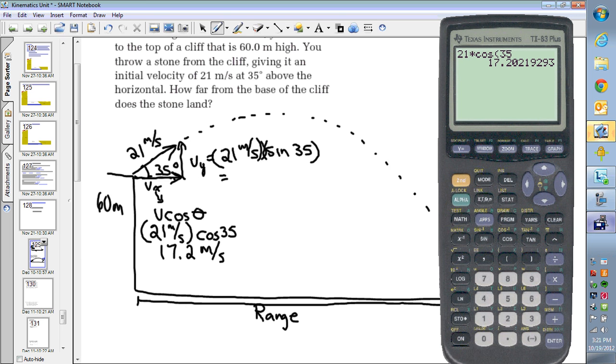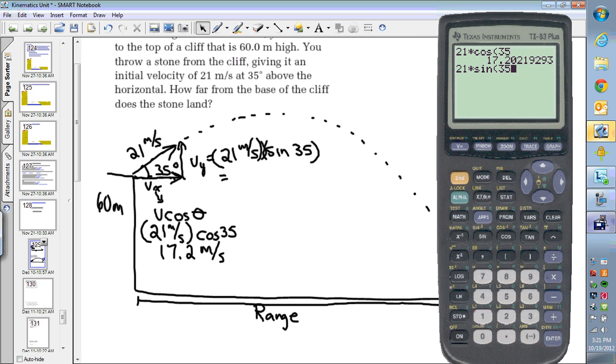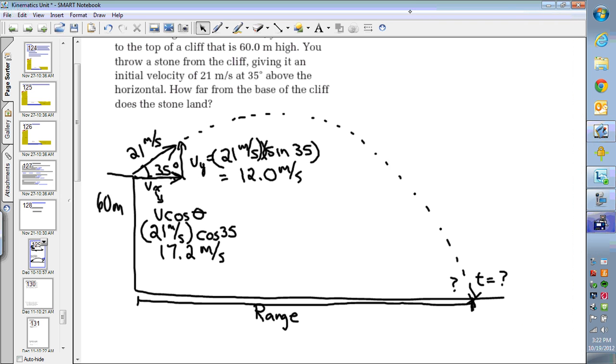And 21 sine 35 gives us 12.0 meters per second. Okay, so we've got our Vx and our Vy. So we know how fast it's moving in the x direction and how fast it's moving in the y direction. So now, how are we going to figure out the time that it's in the air for?